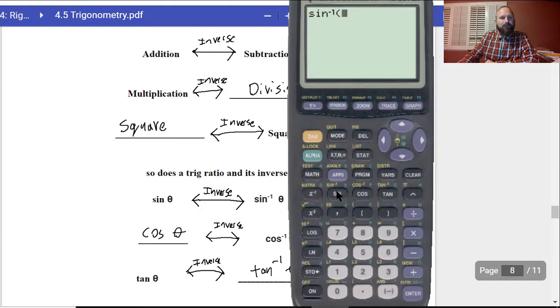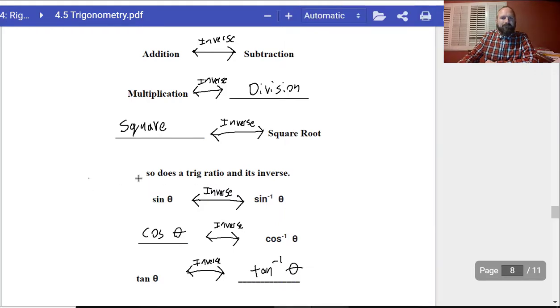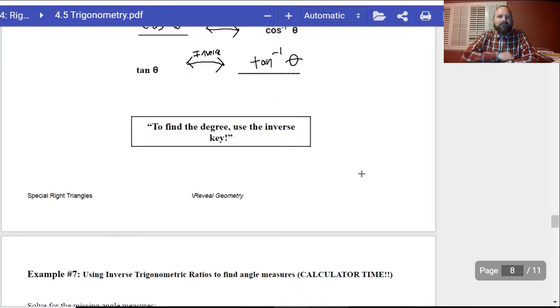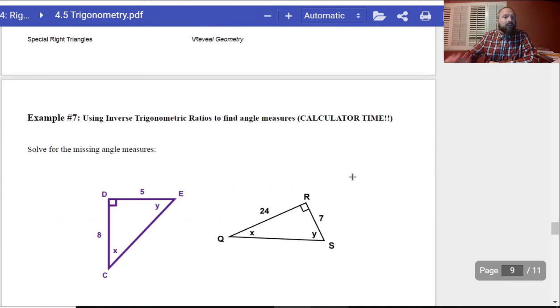There we go. To find the degree, use the inverse key. So if you want to find how many degrees it is, use the inverse key.